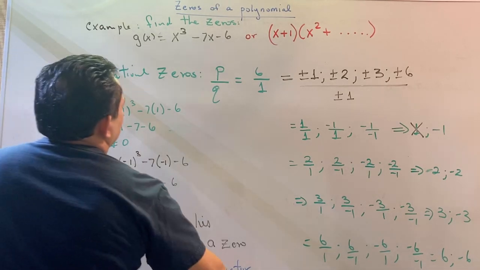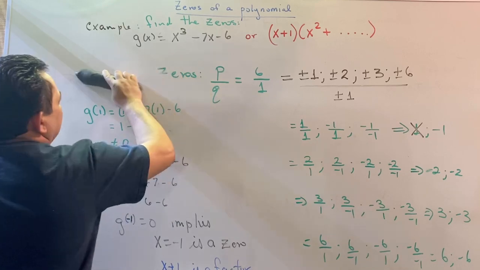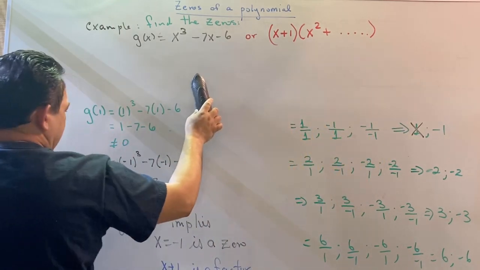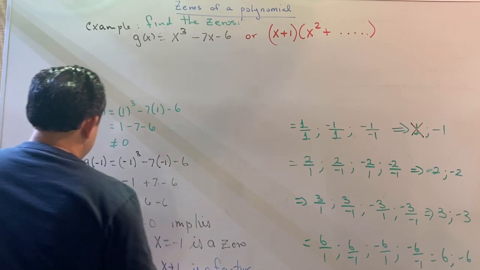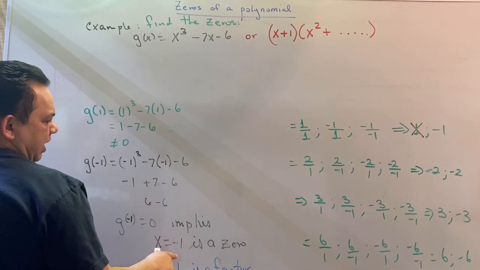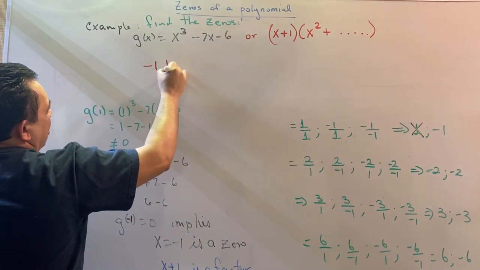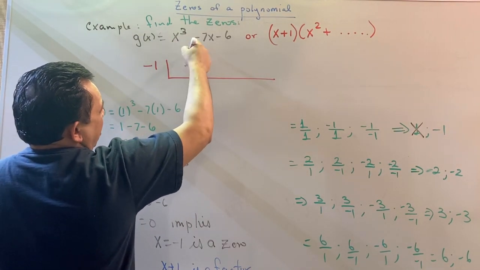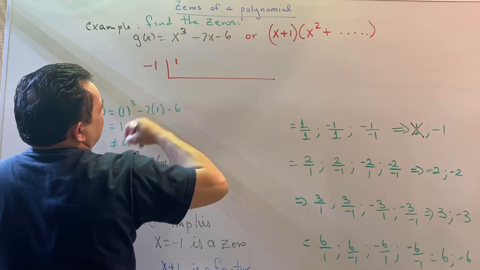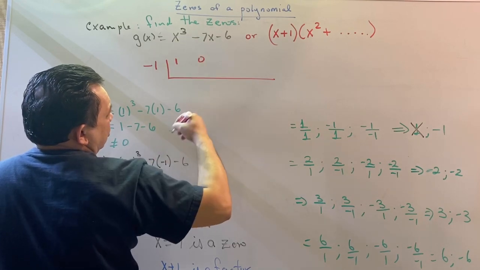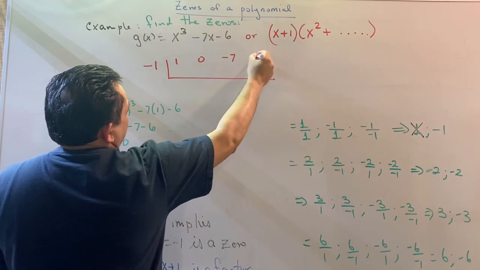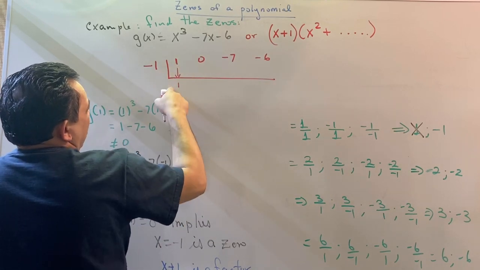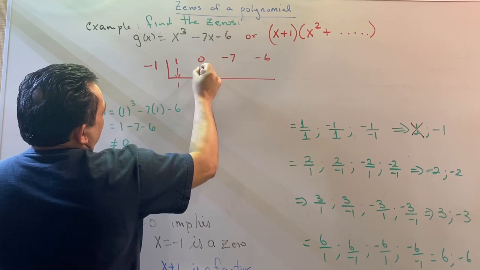So what is this quadratic? Well, we can use synthetic division. Okay? So if we say that -1 is a 0, and we bring down the coefficients, now notice there's a missing term. So we have a 1, a 0x squared term, a -7, and a -6. So this becomes a 1. -1 times 1 is -1.